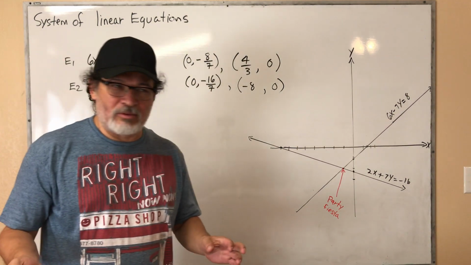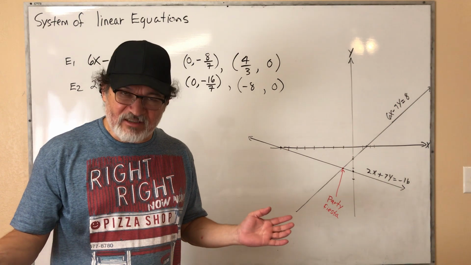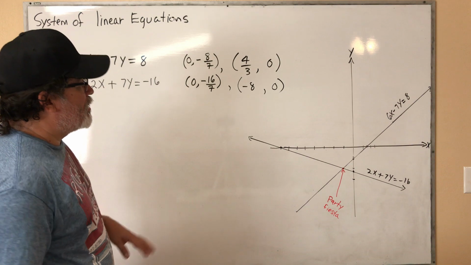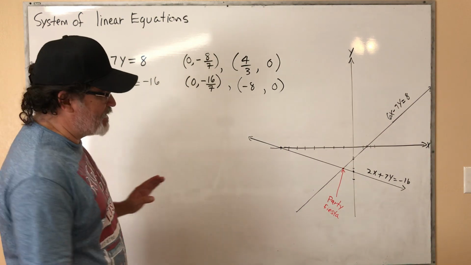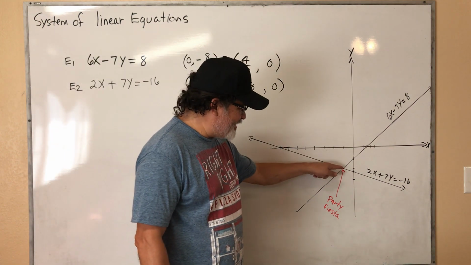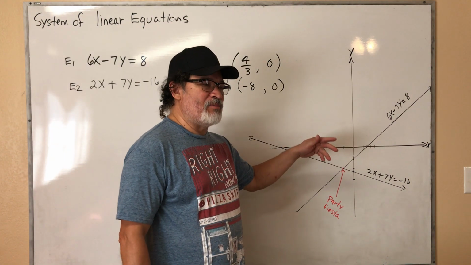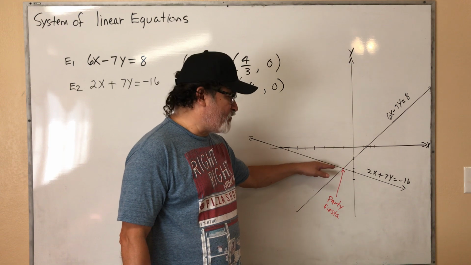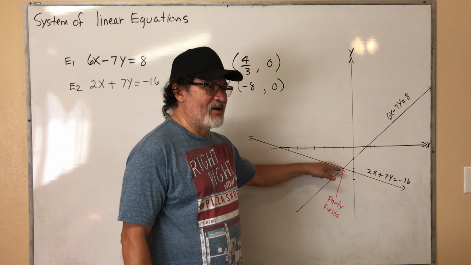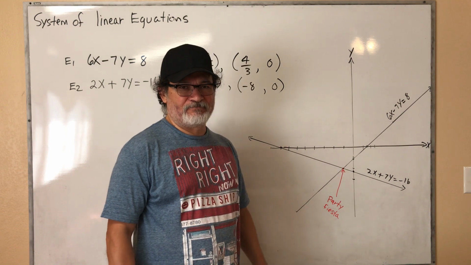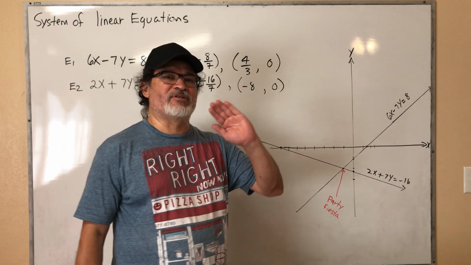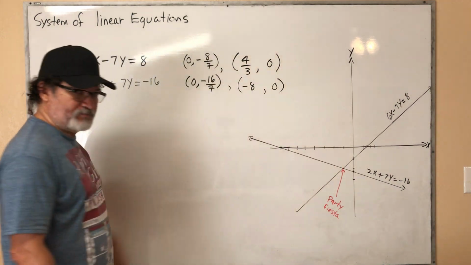And who doesn't want to go to a fiesta, a party? Yeah, we do. Okay? So therefore, class, we want to find this point, because once we find this point, then we have found the party. Once you find this point, you have solved the system.